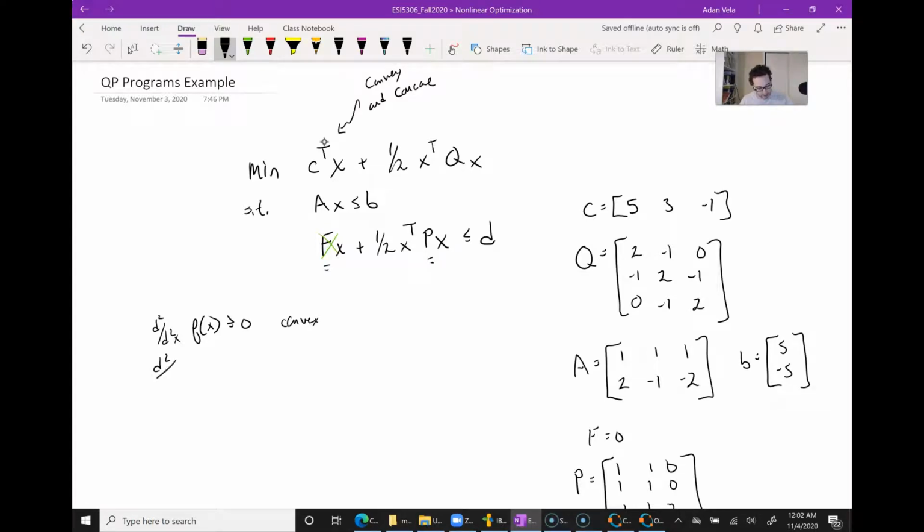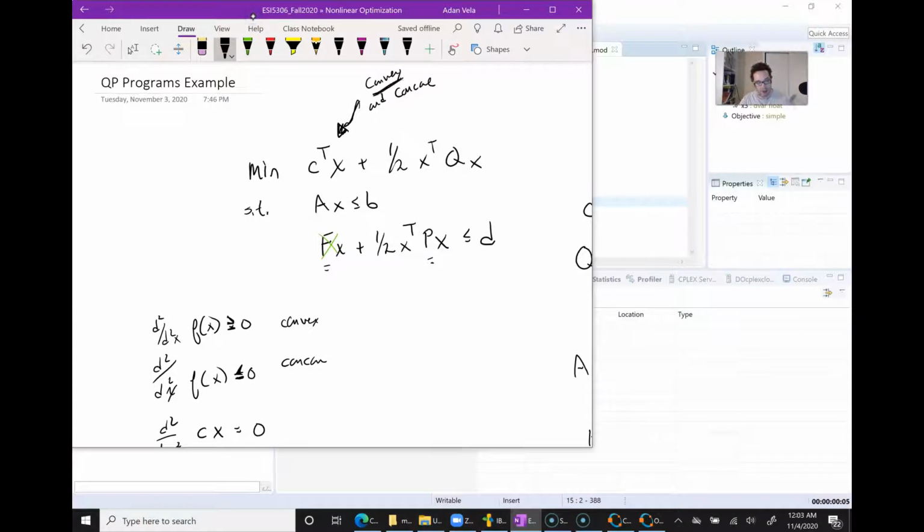If we took the double derivative of the function and got less than 0, it'd be concave. But you see I have less than or equal to and greater than or equal to. With a linear function, if we take the double derivative of c times x, that just gives us 0. So that is both greater than or equal to 0 and less than or equal to 0. That's why, when we look at our objective function, c transpose x is actually convex and concave, but we can take it in the most general sense.